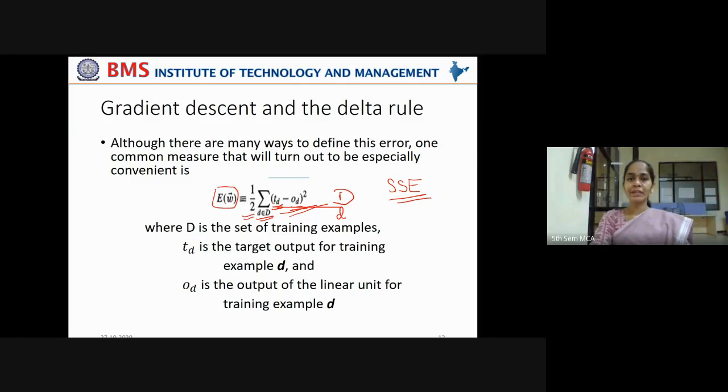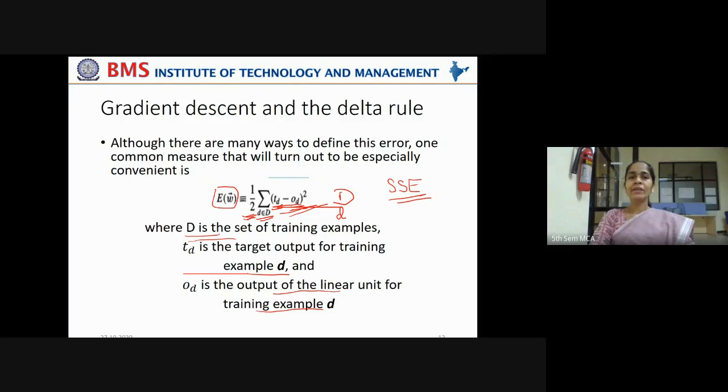Each training example's prediction error is squared, and sigma means it is summed up. All the training examples are summed up and the entire value is divided by 2, meaning it is halved. Here, D is the set of training examples, td is the target output for training example d, and od is the output of the linear unit for training example d.